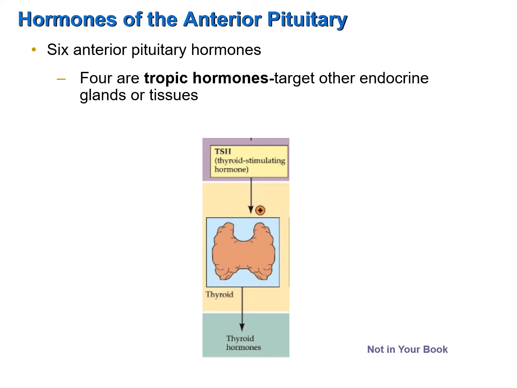For example, one of the hormones released by the anterior pituitary gland is thyroid stimulating hormone or thyrotropin. What does it do? Well, it targets the thyroid gland, causes proliferation of the thyroid gland and the release of thyroid hormones. Because thyroid stimulating hormone targets the thyroid gland and causes the release of hormones from the thyroid gland, it is a tropic hormone.